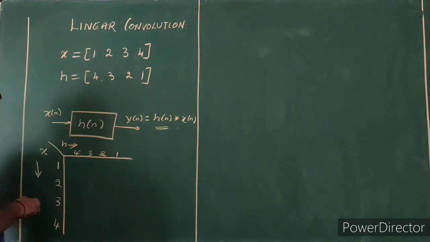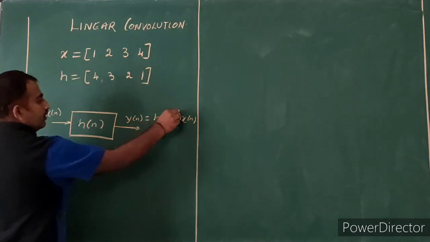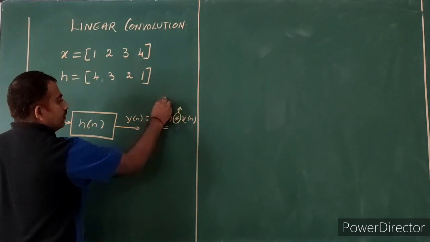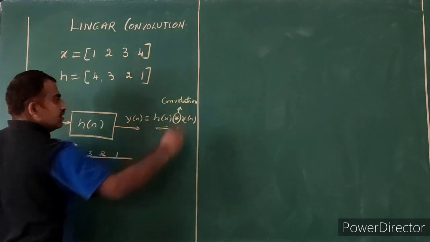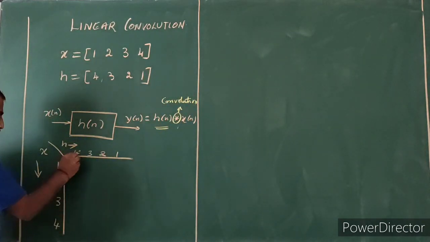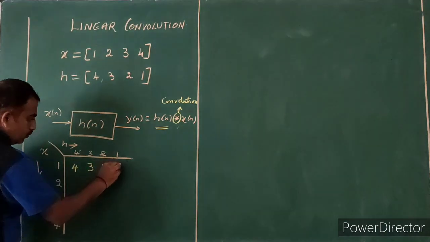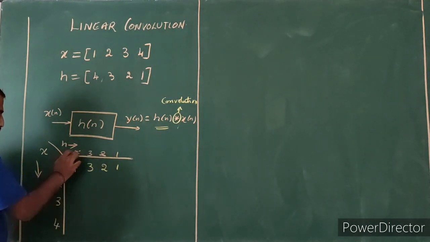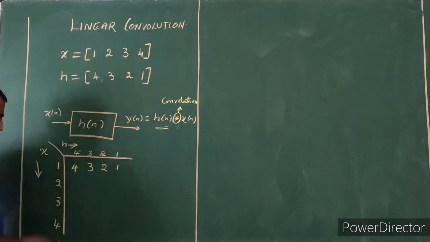So we have to multiply it, as you know, convolution is a multiplication. So 1 into 4, 4, 1 into 3, 3, 1 into 2, 2, 1 into 1, 1.